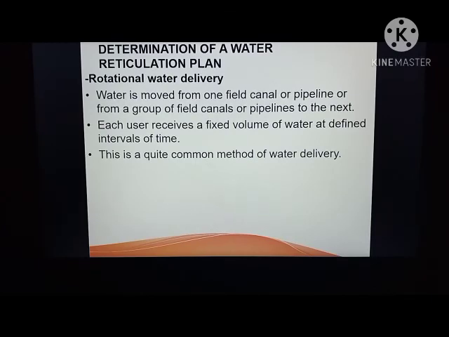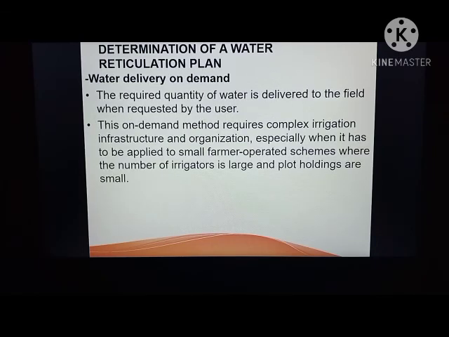Next is the rotational water delivery. Water is moved from one field canal or pipeline, or from a group of field canals or pipelines, to the next. Each user will receive a fixed volume of water at defined intervals of time. This is quite a common method of water delivery. And the last one is the water delivery on demand.